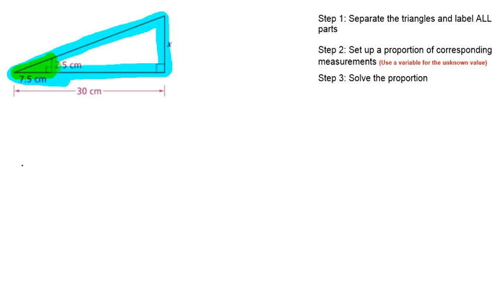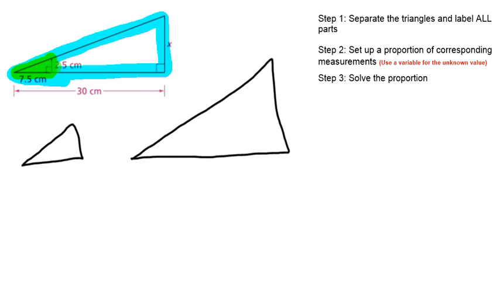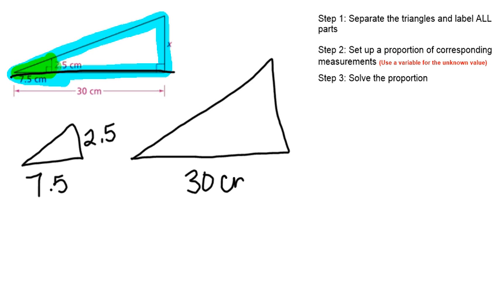So we have a little triangle right here, and then a big triangle over here. And it's very important that you label all the parts. So for our small triangle, it's 7.5, and this is 2.5, and these are all in centimeters. And the big triangle, from here to here, is going to equal 30 centimeters by x centimeters.